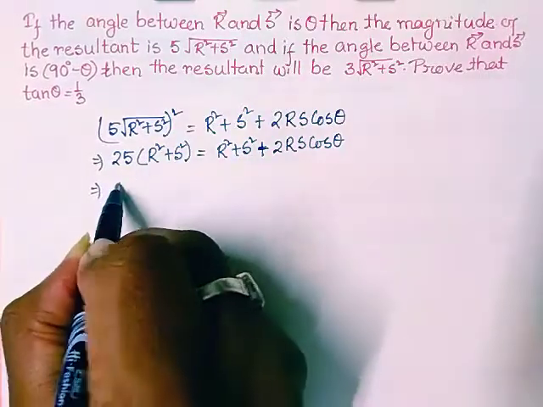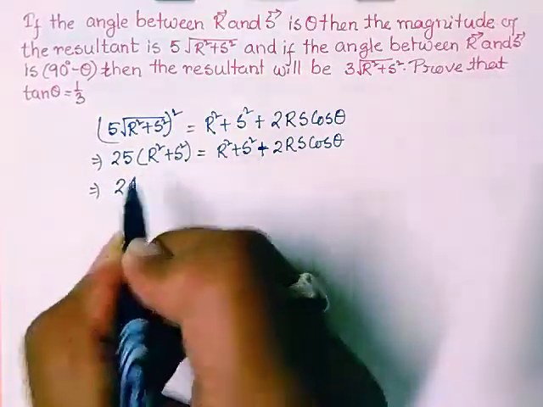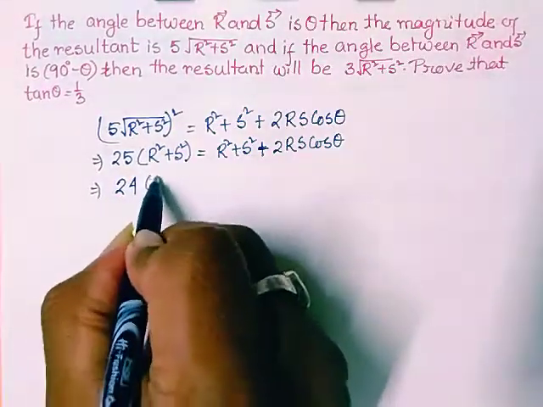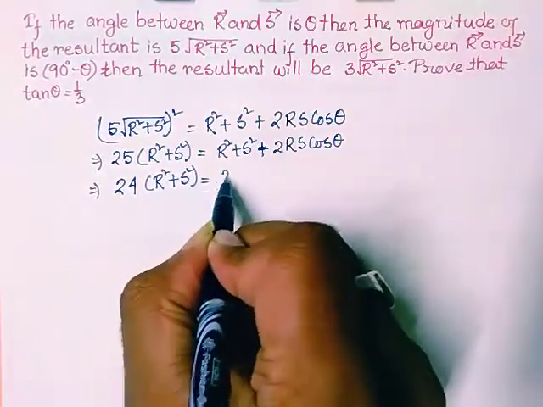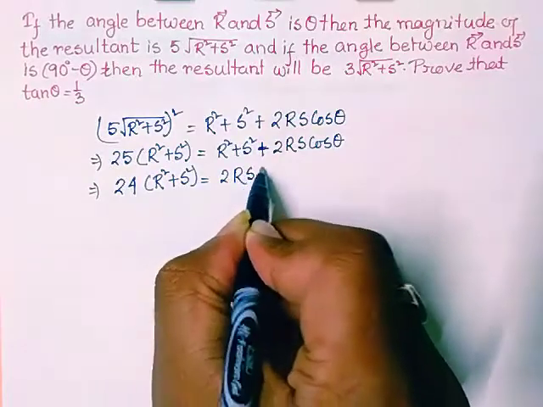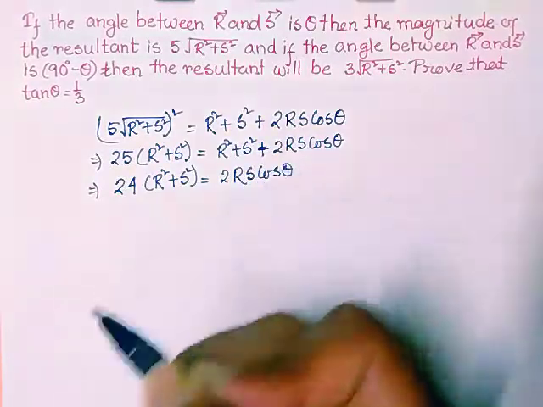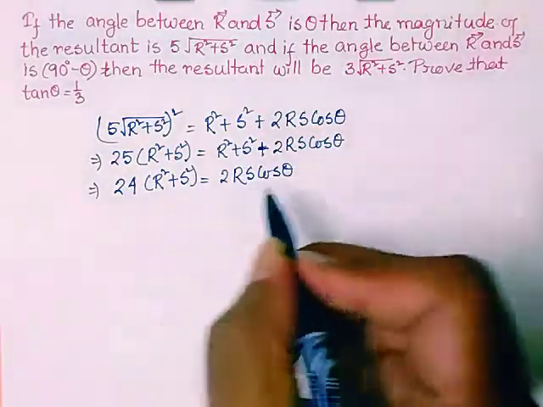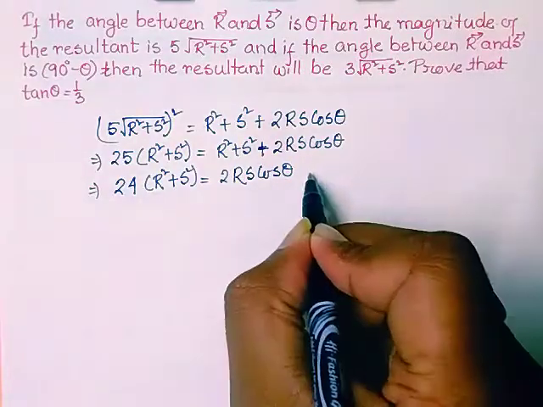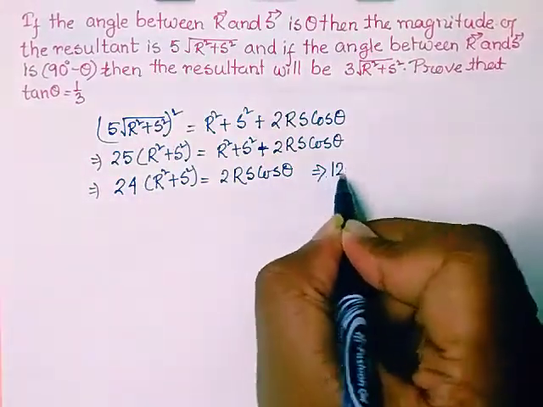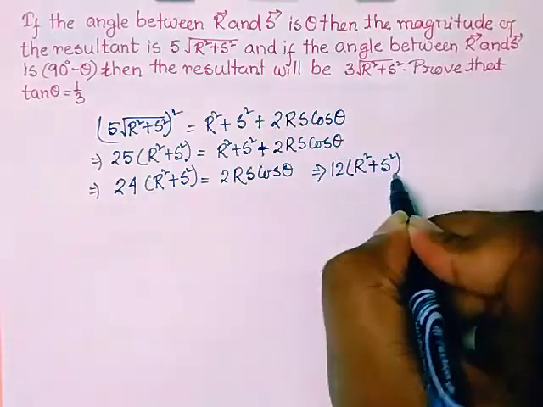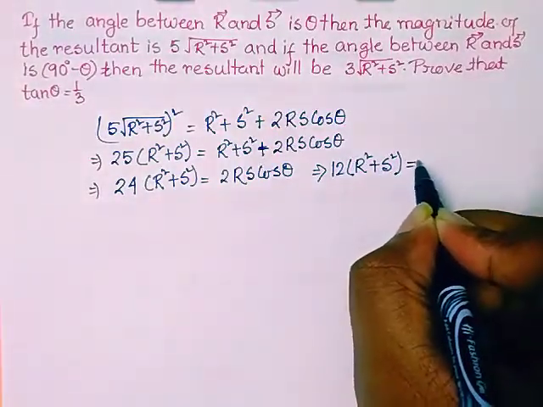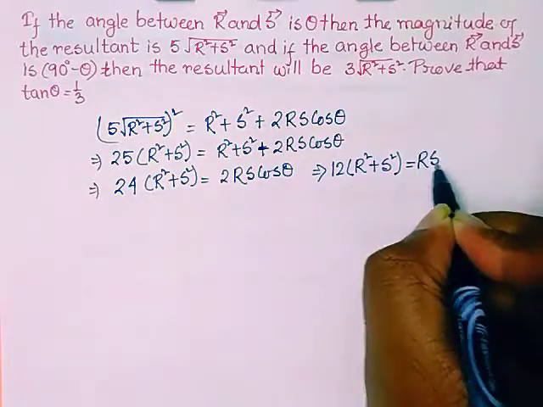So if I subtract this by taking it on the left hand side, this will become 12 R square plus S square equal to RS cos theta.